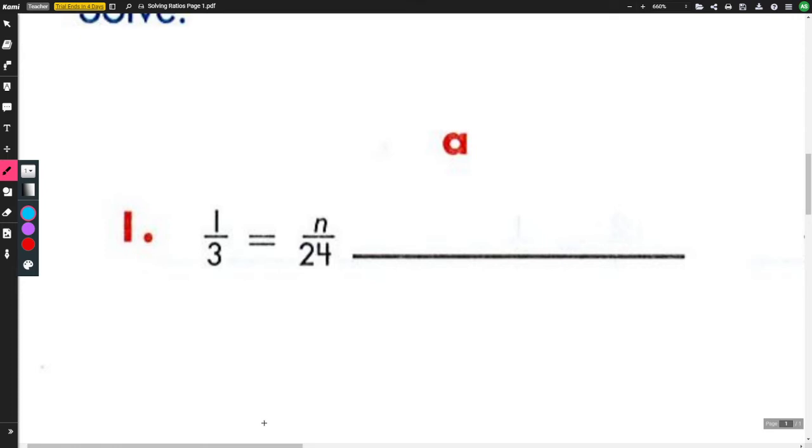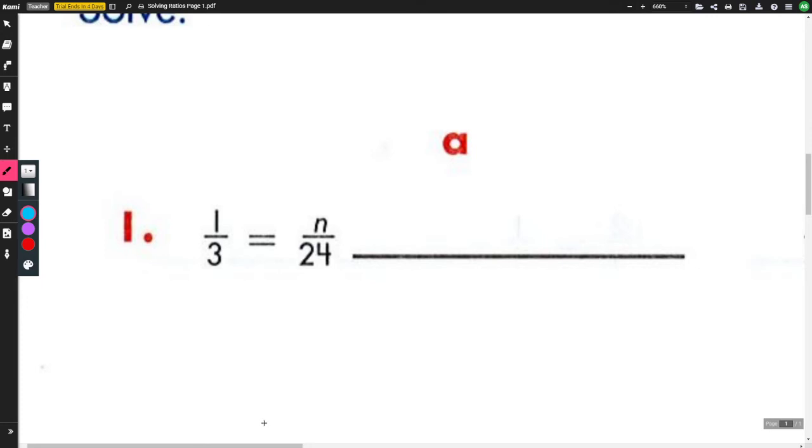Again, I'm mostly going to be dealing with cross multiply and divide, and I'm also going to do some that are guess and check. So I'm going to try to do half and half and see how that goes. This first one I'm going to do cross multiply and divide.